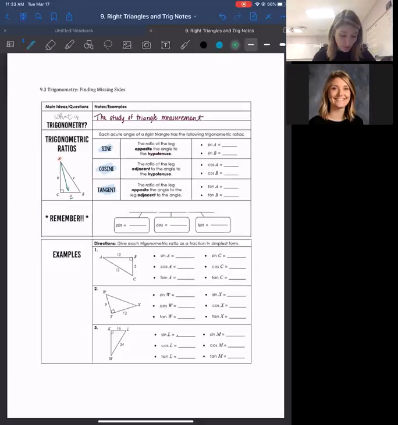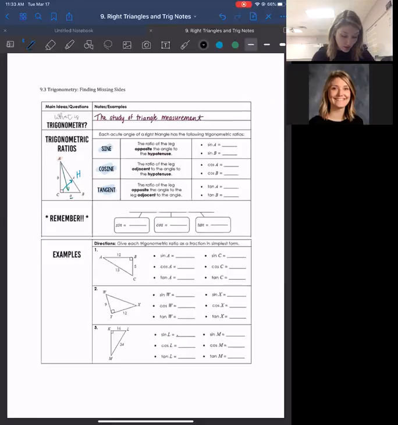And the hypotenuse, remember, is always across from the right angle. So the hypotenuse in both of these cases is going to be C. That's not going to change, so I'm going to label that with an H. Cosine uses adjacent, and adjacent means next to. So the adjacent side is always going to help make that angle.